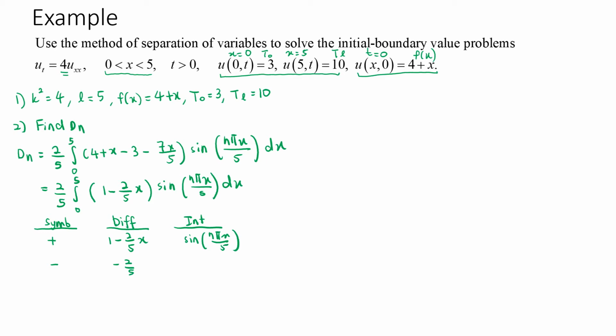So integrate sine, you will get negative cos n pi x over 5 divided by n pi over 5. So I just rearrange this, we will get 5 over n pi times cos n pi x over 5. And the last one is 0, so this will be negative 25 over n squared pi squared sine n pi x over 5.